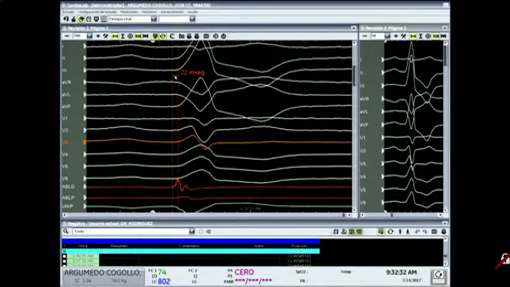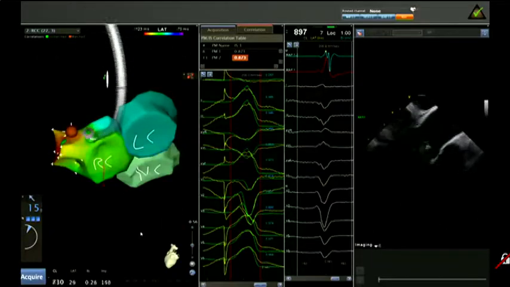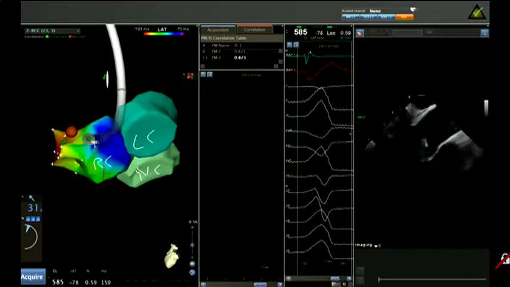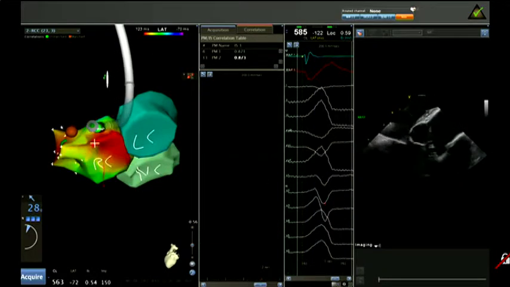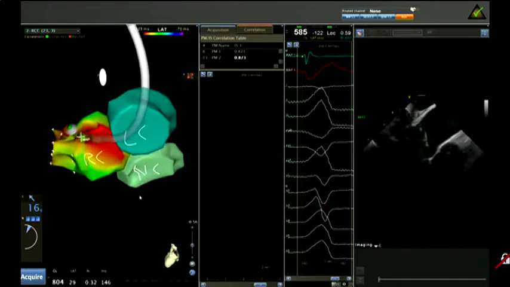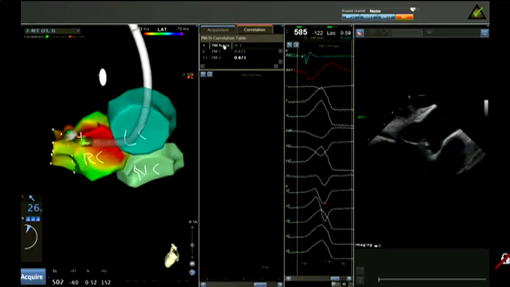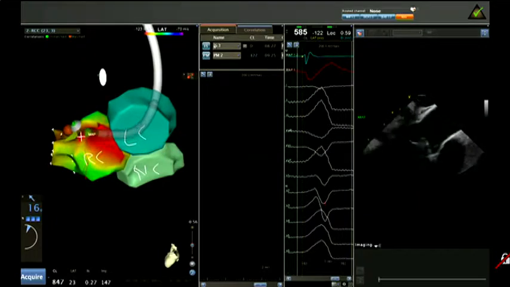Would you go to the right outflow tract? Keep on acquiring, please. First the right side and then the left side, probably.